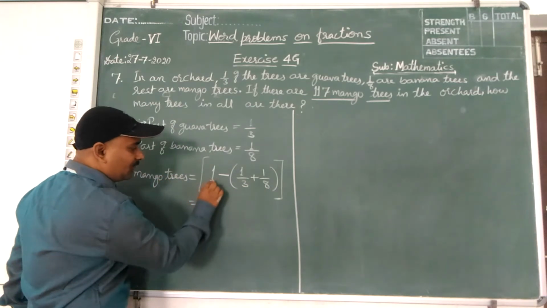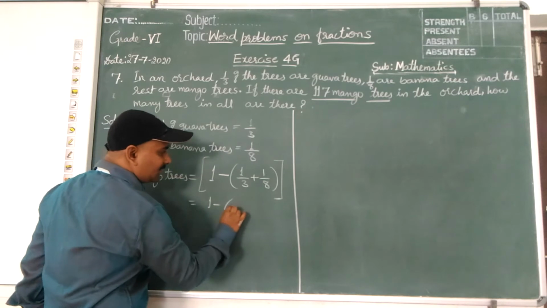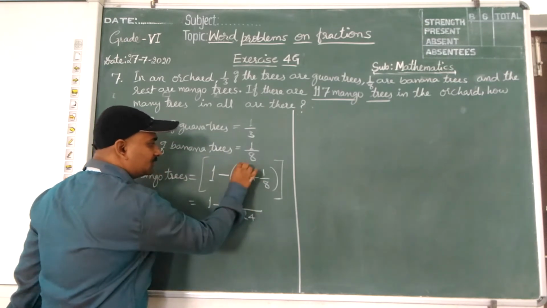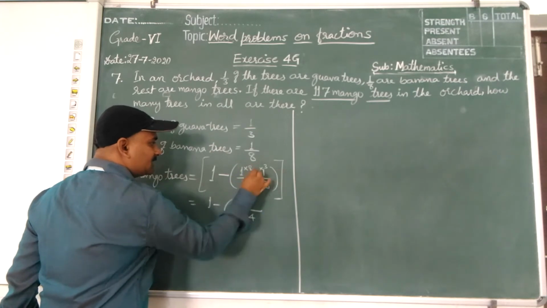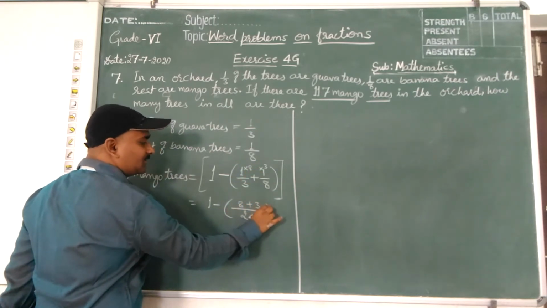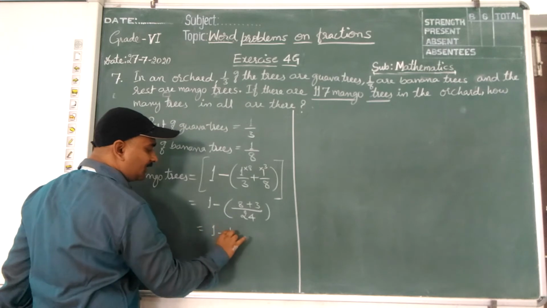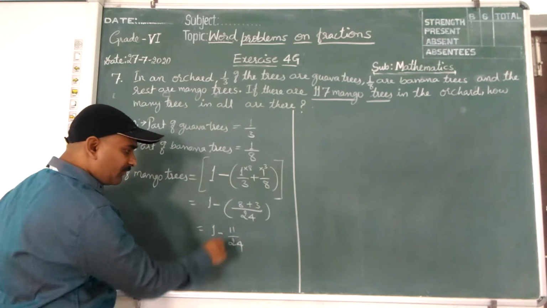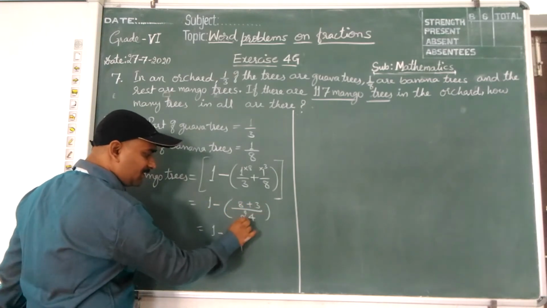So now 1 minus, the LCM is 24. 3 8s are 24, 8 3s are 24; 8 1s are 8, 3 1s are 3. So 1 minus 11 by 24, that is 1 minus (8 plus 3), 11 by 24.